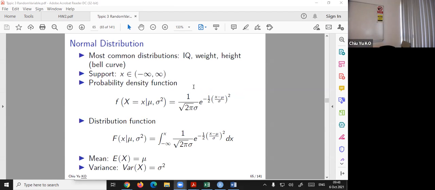But do note that even though I have infinity here, in most cases the infinity will not be our concern, because later you will see there's almost nothing beyond 4 standard deviations from the mean. So even though we allow infinity on both sides, the bell curve means that most of the mass is concentrated at the center. So you don't need to worry too much about things that are too far away, but in theory we allow it to happen.